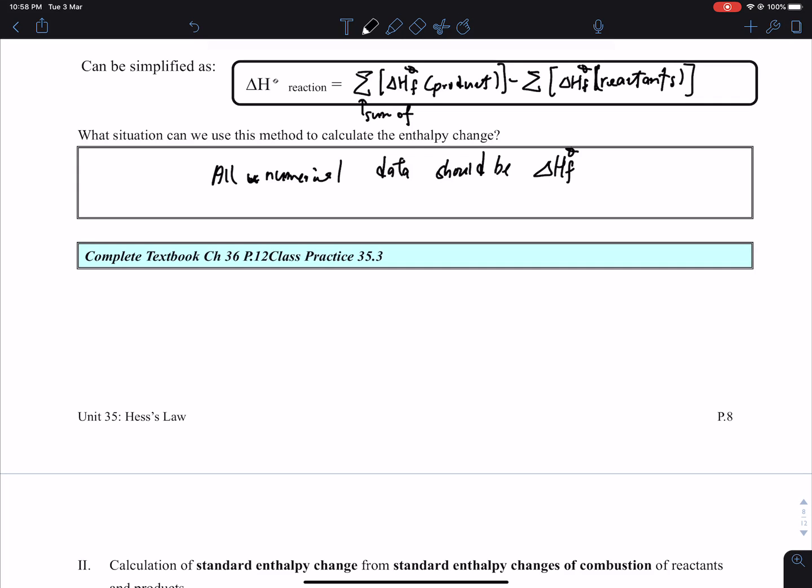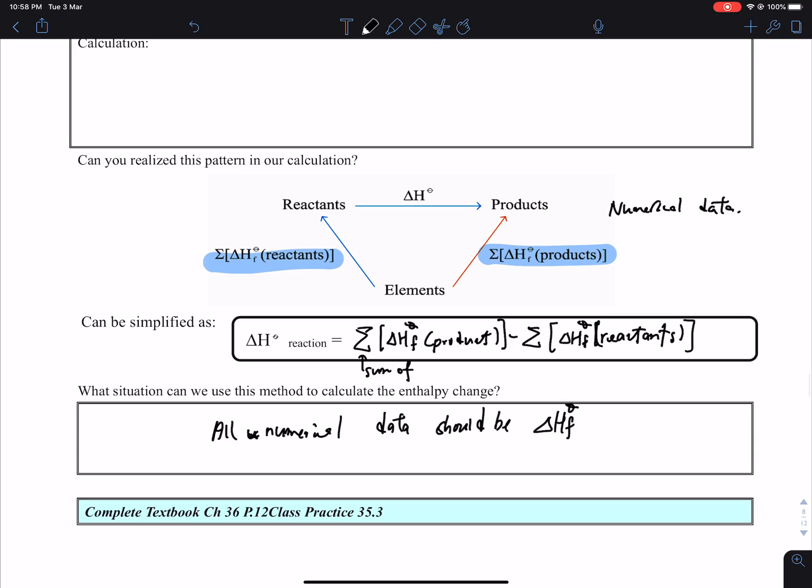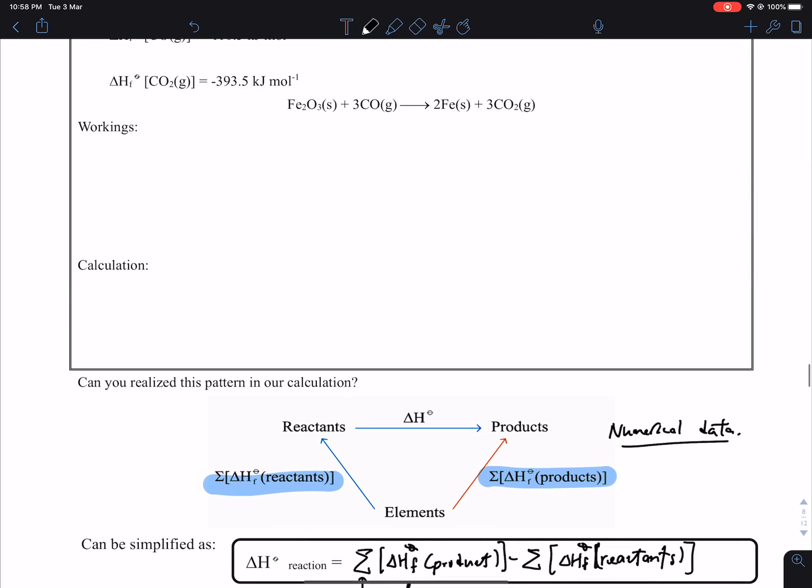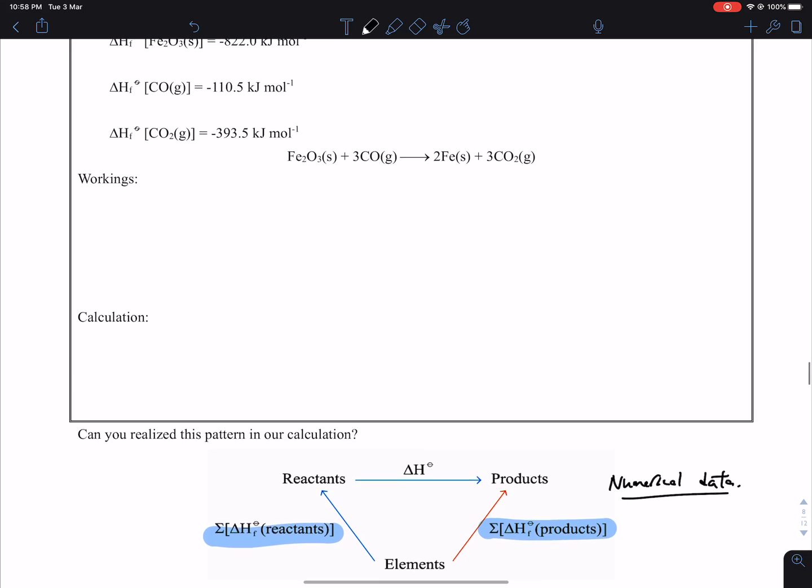If this is the case, you can use this equation for the calculation, because the reason why they find this equation is they work out so many enthalpy changes by using data from the standard enthalpy change of formation. They use the numerical data from the formation, and every time they do it, they get the same results. Therefore, this is actually a way to calculate standard enthalpy change by using this method.